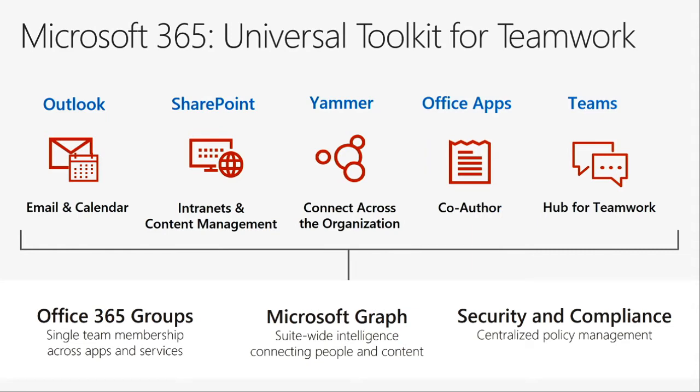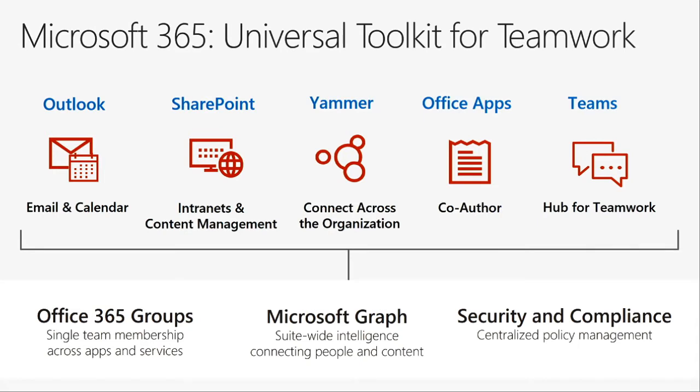And we also have Teams. Teams is the hub for you. If you're a very actively engaging group, then you use Teams to collaborate with your team. And all these tools that I just talked about are available for communication within your team. There is also Yammer available for you. If you want to communicate and collaborate with coworkers across your organization, people who are outside of your division or department, then you would use Yammer.